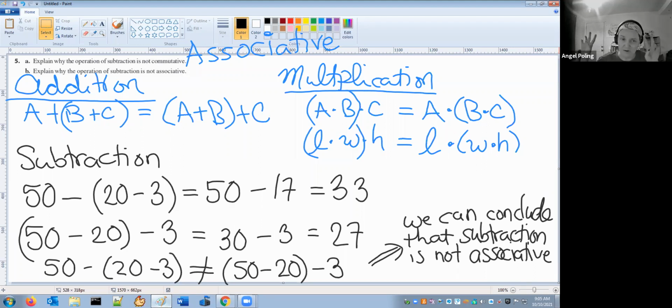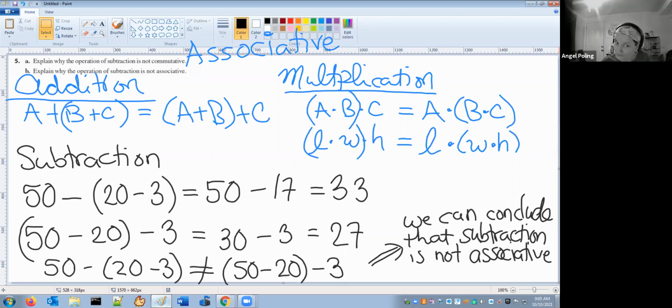You can also reassociate what you want to do first in addition and multiplication, but you can't do that in subtraction either, right? And of course, behind the scenes, we view the negative being distributed, and we're always sort of thinking in addition because of things like this, like subtraction is not associative.